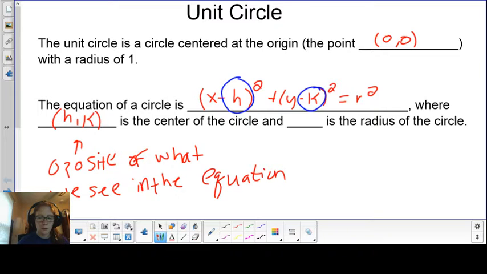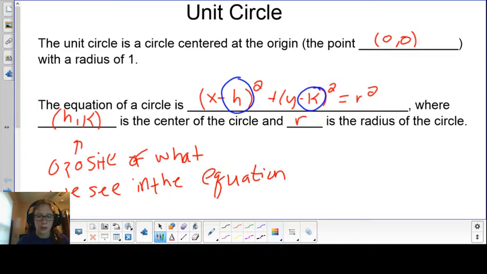So let's go ahead and continue that sentence. The equation of the circle is x minus h quantity squared plus y minus k quantity squared is equal to r squared, where h, k is the center of the circle and r is the radius.